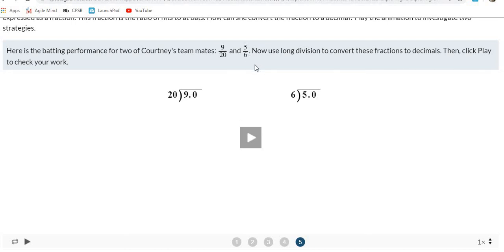For instance, 6 times, I don't know what would give me 100. I think it would be a decimal, so it'd be pretty hard to change this to 100. But I know 20 can change to 100, so I might use the fractional trick here. So try B and C. Play the video when y'all are done to check your answers.